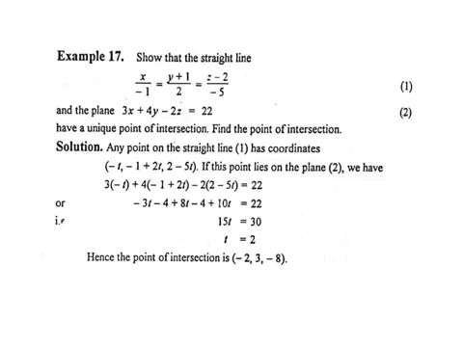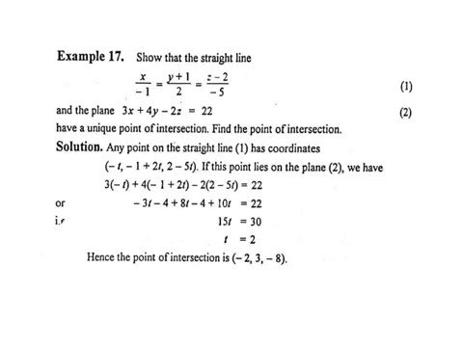This point is obtained when we substitute in the values of x, y, z, which are given by x equals minus t. So x becomes minus 2, and y equals minus 1 plus 2t.